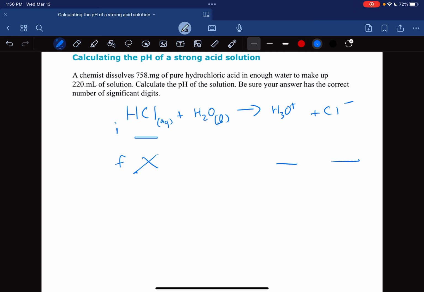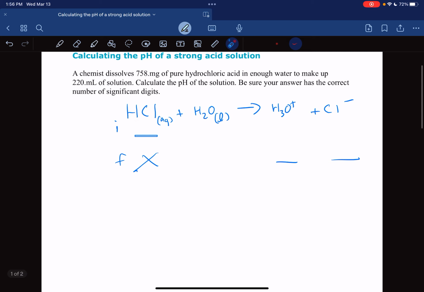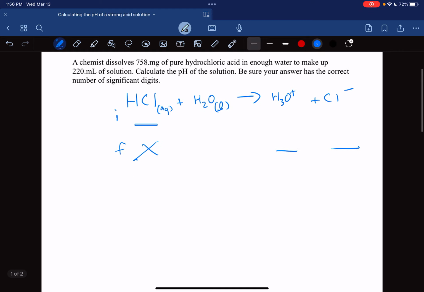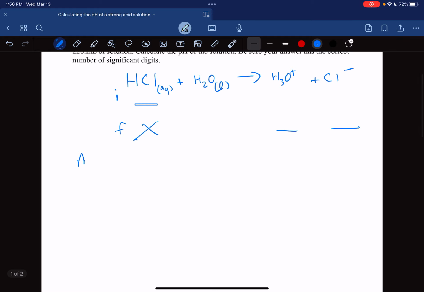So in order to do this, our first job is we have to figure out what is the concentration of HCl to begin with. And they're a little bit meanish here because they give us 758 milligrams, and they give us 220 milliliters. So our guiding principle, and I would always suggest this when you're trying to figure out what to do, I would always write what the molarity equation is.